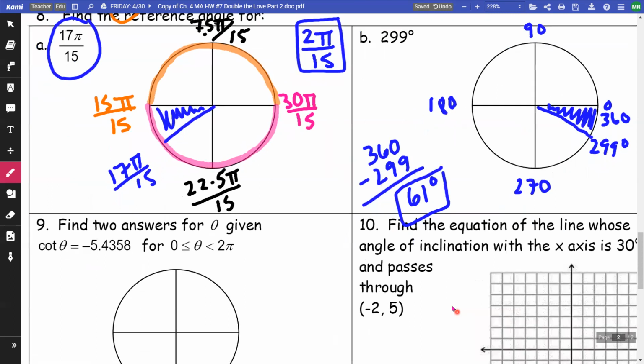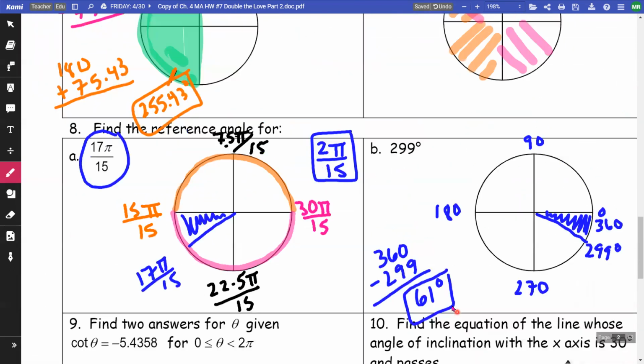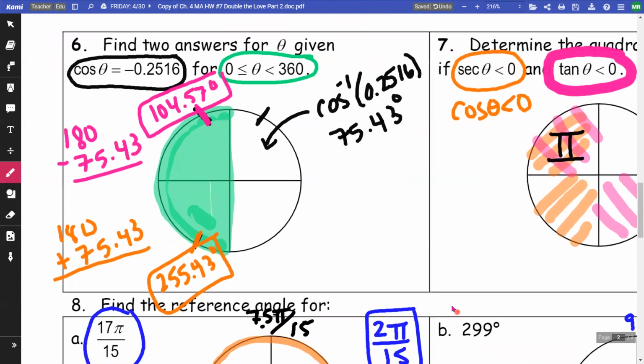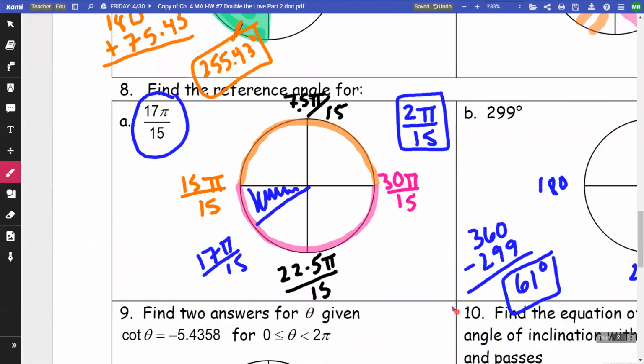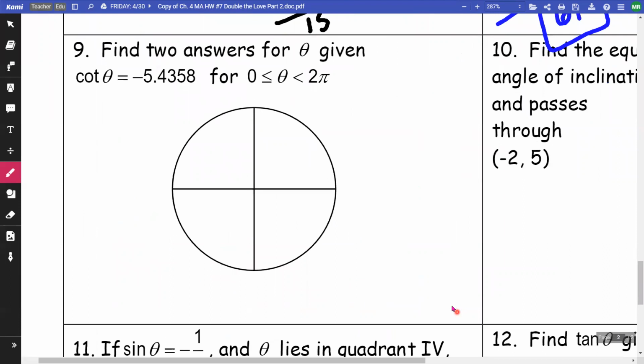Okay, on number 9. Number 9 is like the one I did up here for number 6, but 6 was in degrees. This time I'm going to do the same thing, but I want it in radians, okay? So how do I know in radians? Because of this.